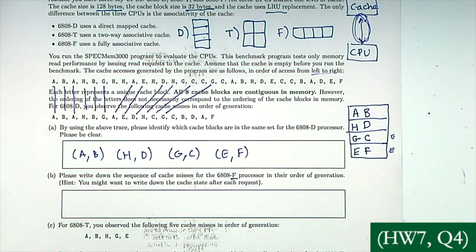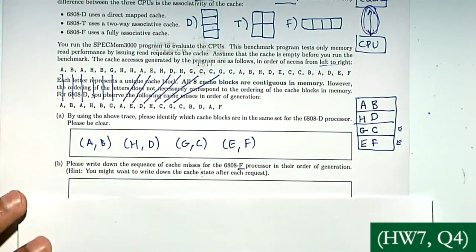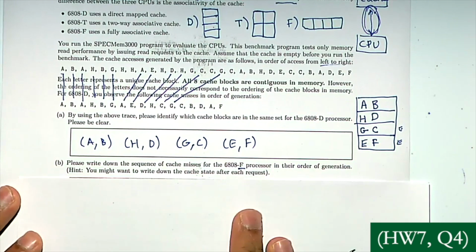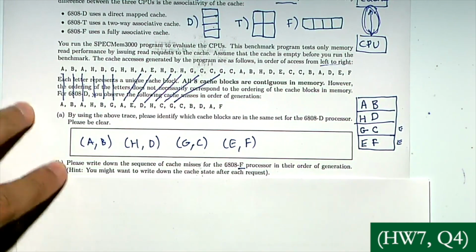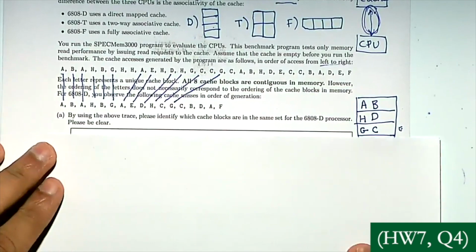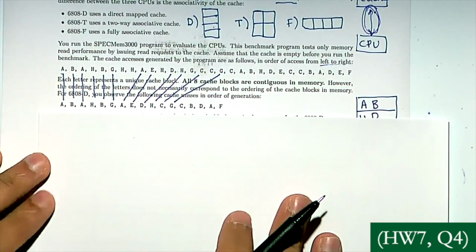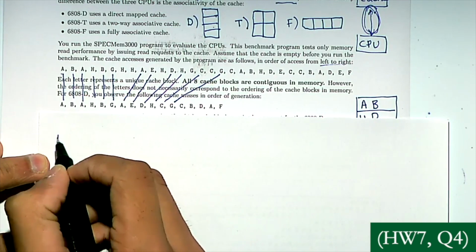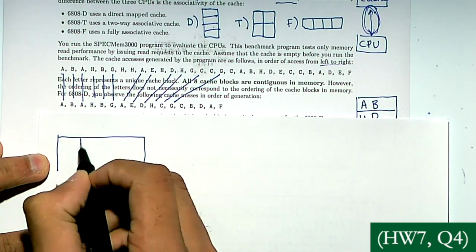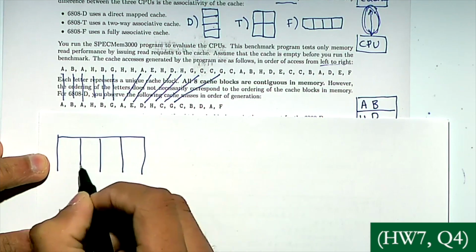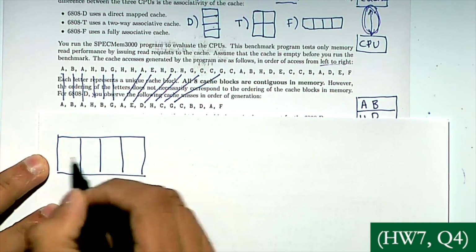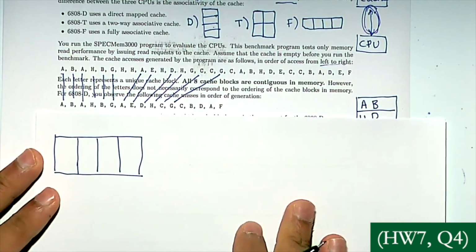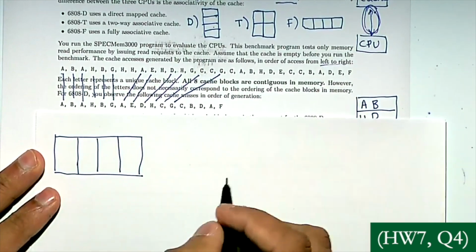So can I get another paper? Okay. We're going to trace out these cache misses in their order of generation, right? We're basically just going to enumerate how all this happens. We're going to draw a model of what's currently in the cache. We have one set which contains 4 different ways, and we know the sequence of accesses that occur because it's given to us.